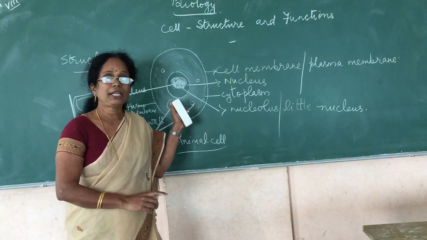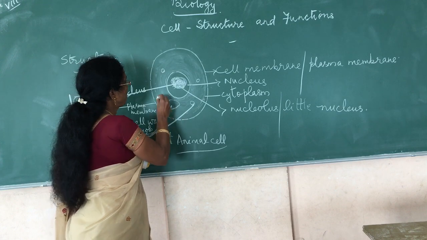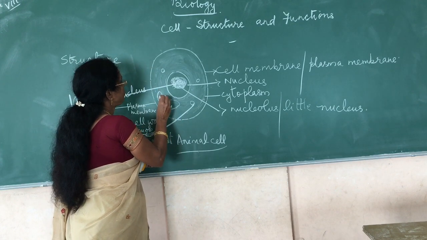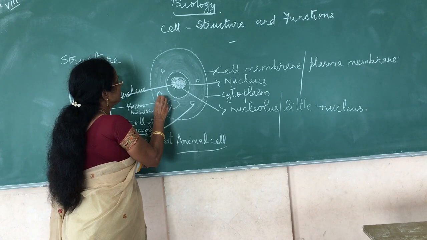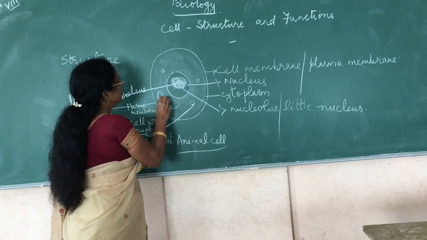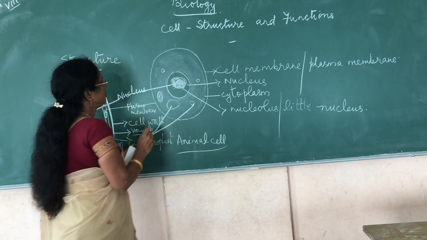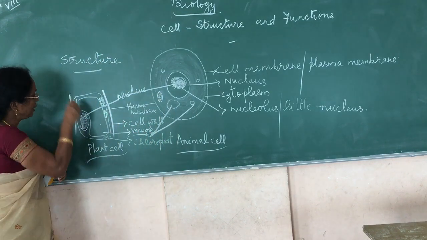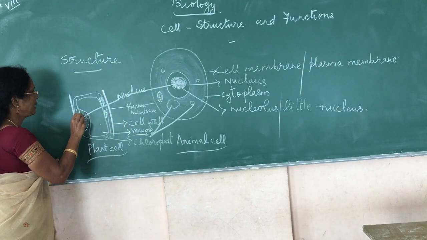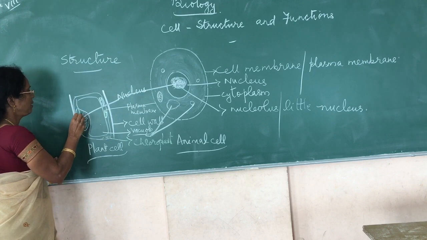Mitochondria are present even here in the plant cell too.